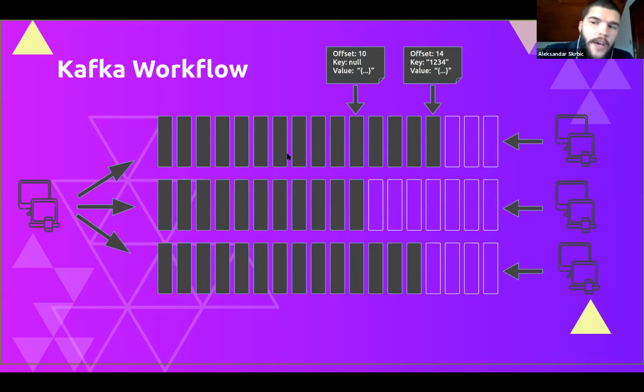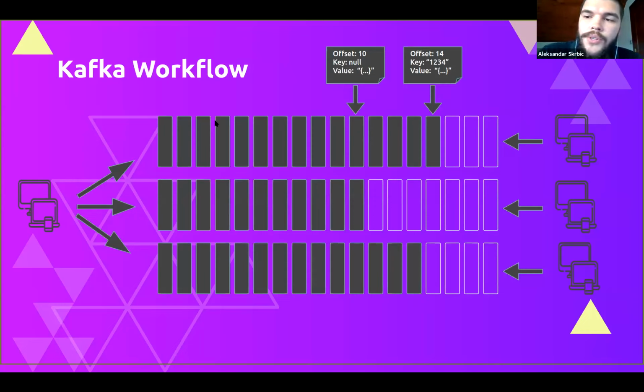If you have, for example, a replication factor of 5, that means that your topic will have 5 copies on different nodes. Also, every message that is written to a Kafka topic has an incremental ID called an offset, which is a pretty important concept, and soon you will see why.